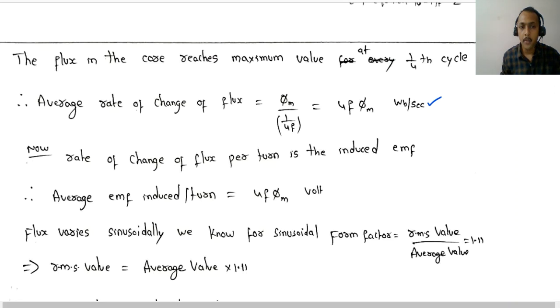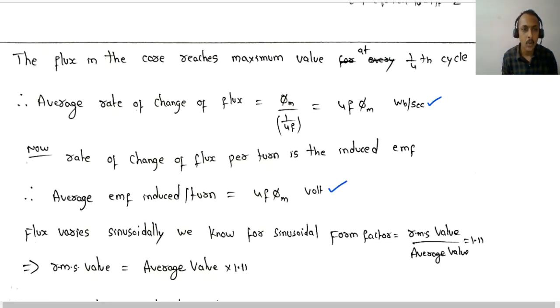So now how much EMF is induced? That is simply equal to 4f phi m, and the unit is volt. But if you observe, this is the average value.